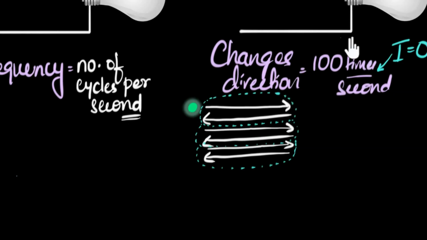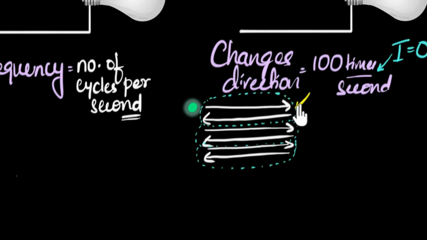Since I know the total number of times the electron changes direction in 1 second, what we can do to figure out the frequency is, let's see how many times the electron changes direction in 1 cycle. So let's look at the first cycle. The electron is going forward and then whoop, changes its direction over here.